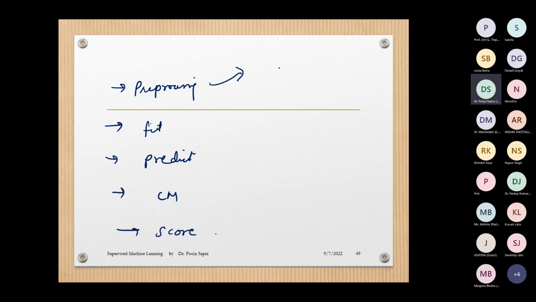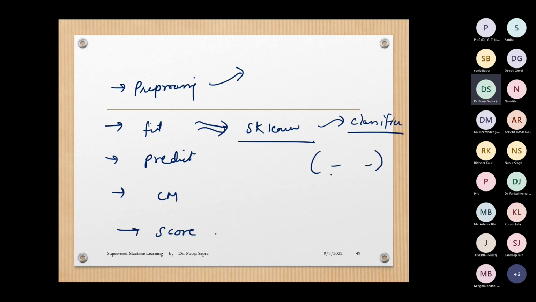While pre-processing, all those steps: feature scaling if required, uploading or importing the data set, feature extraction, label extraction, then train-test split, all those things. While fitting, we would be taking help of the sklearn library. Now, out of sklearn, when I am creating a constructor called classifier, I would require two parameters.